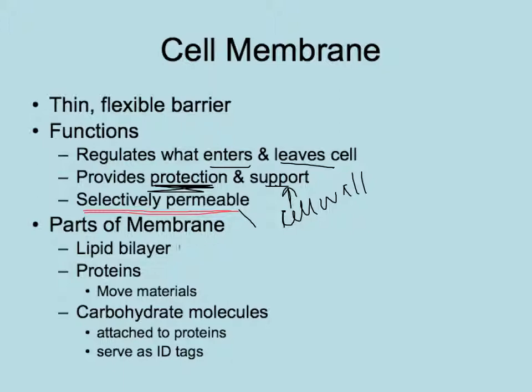Now, when you look at the parts, you have the lipid bilayer. So if I draw this cell, we have phospholipids, and the phospholipids have heads, which are what I'm drawing right now. You might want to draw this on your page. And they have tails. And you have 2 tails coming off of each head.